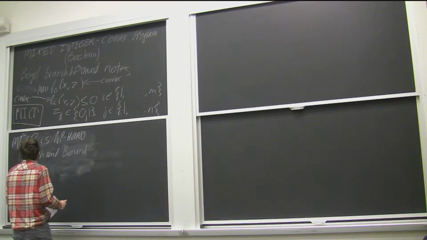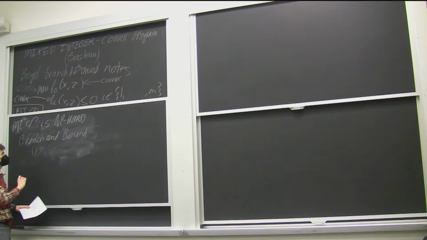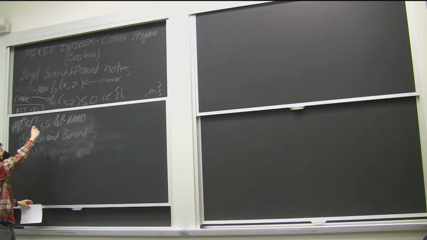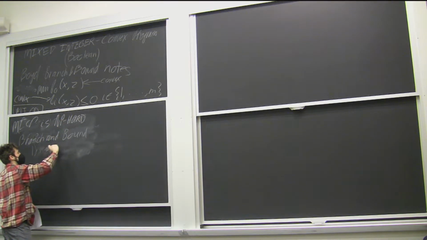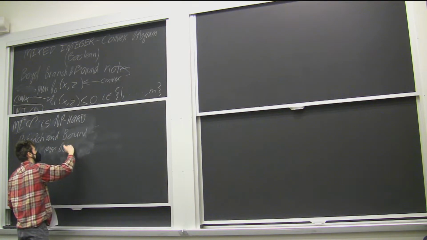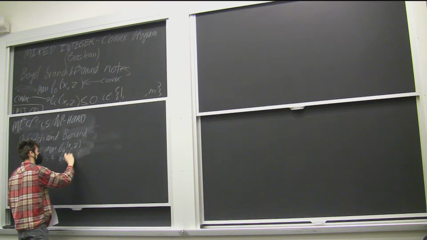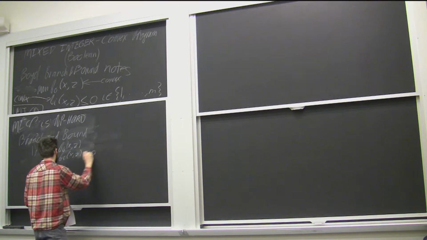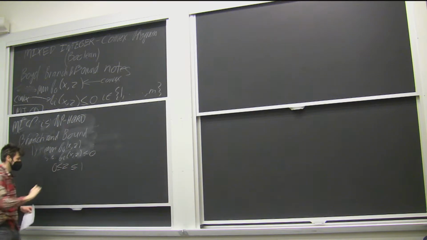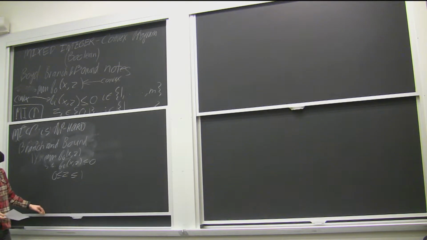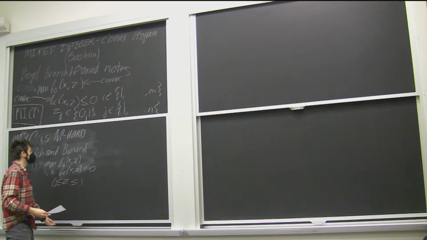So step 1 is I'm going to solve the convex relaxation of this problem, meaning that I'm going to solve the problem: minimize f0(x, z) subject to fi(x, z) less than or equal to 0, z between 0 and 1.